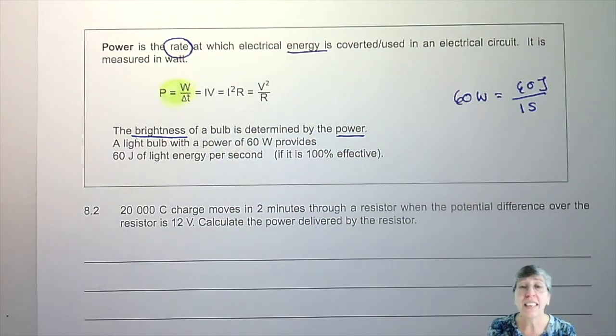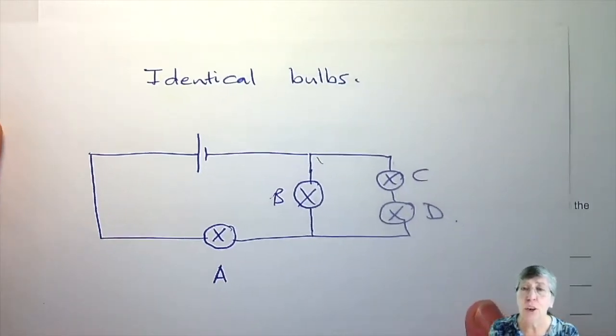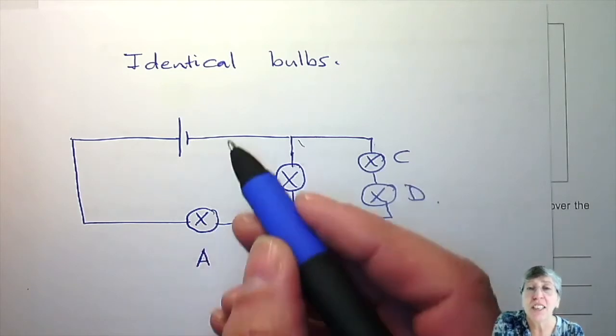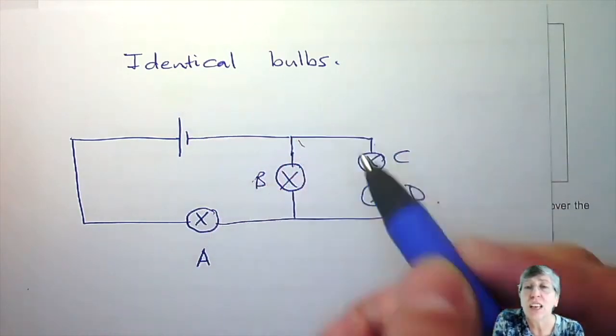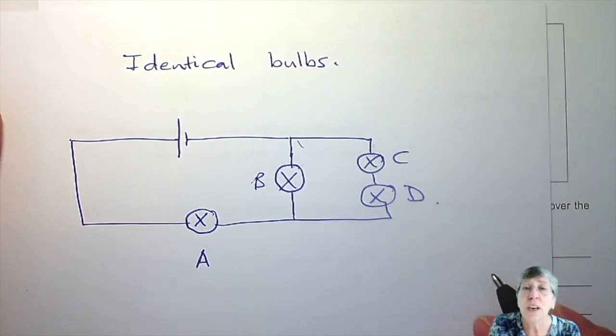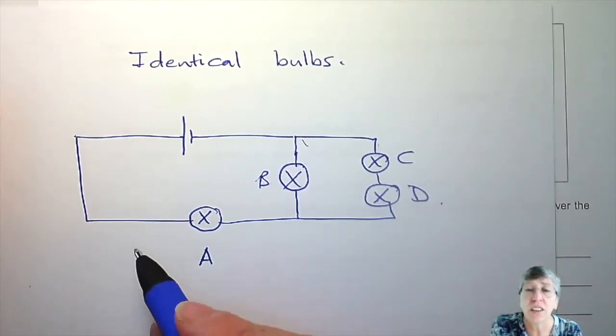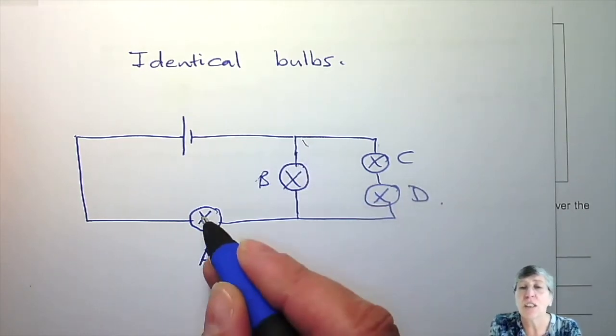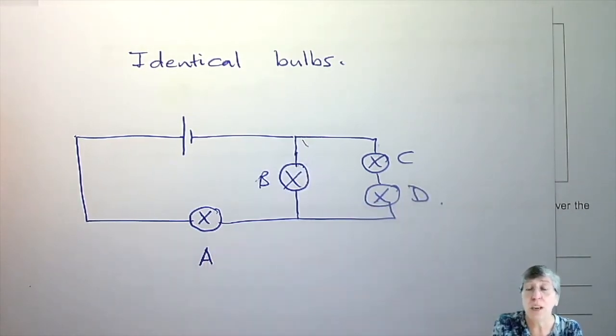When you were in grade 10, your teacher also asked you which bulb is brighter, but then you haven't done power yet. And then if she gave you a question like this, and she asked you which bulb is brighter, she said something else. She told you that the bulbs are identical. Now in grade 11, we know we're not supposed to look at current only. They told you look for the biggest current, and A has got the biggest current, and therefore it will be brightest.